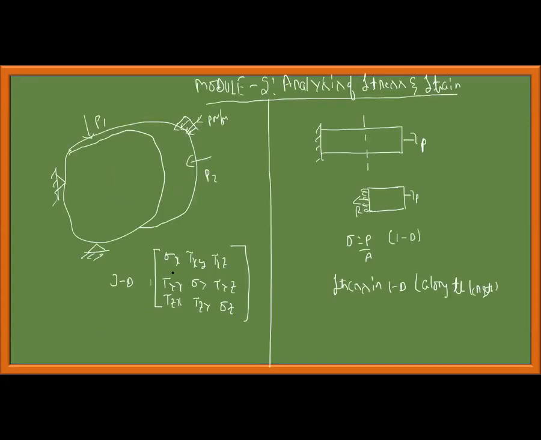And if I consider this point, I can pass infinite number of planes. This is x, this is y, this is x dash, this is y dash. If I know only these 9 stress components, sigma x, tau xy, tau xz, tau yx, sigma y, tau yz, like that, I can find the stress on any other plane at that point.